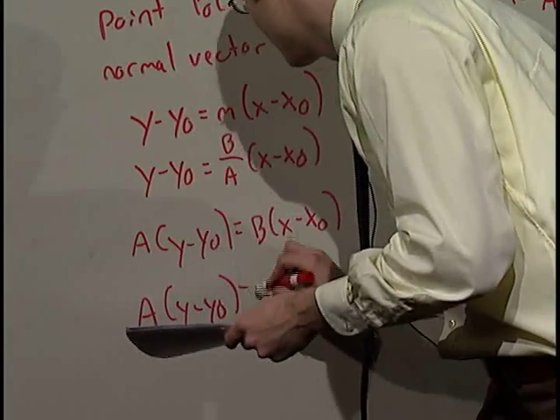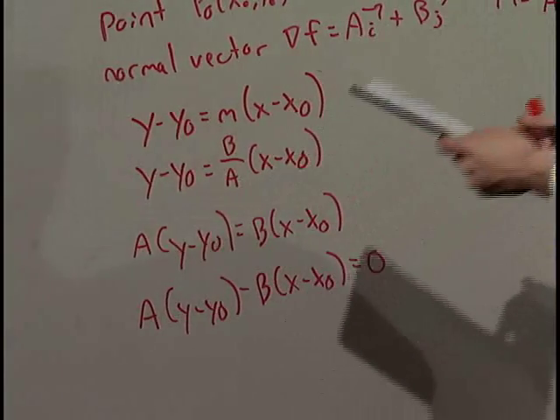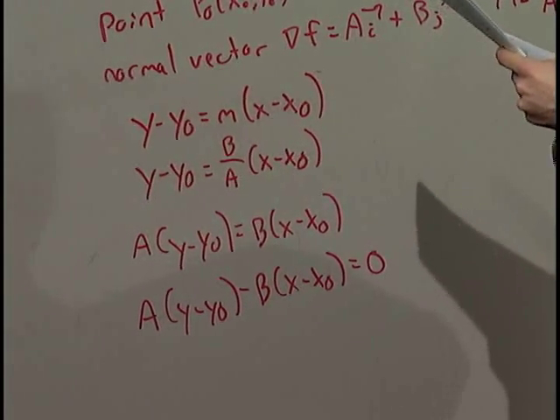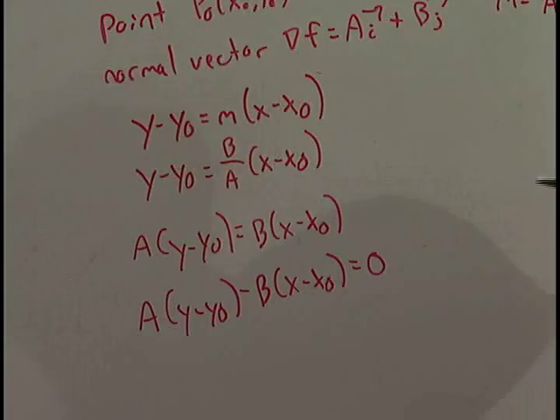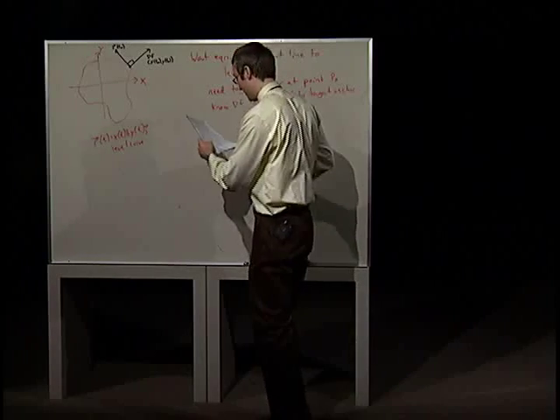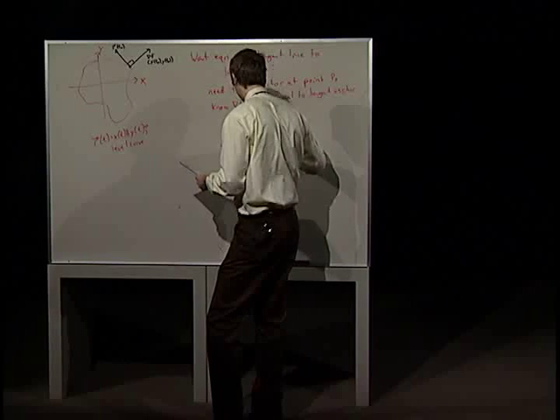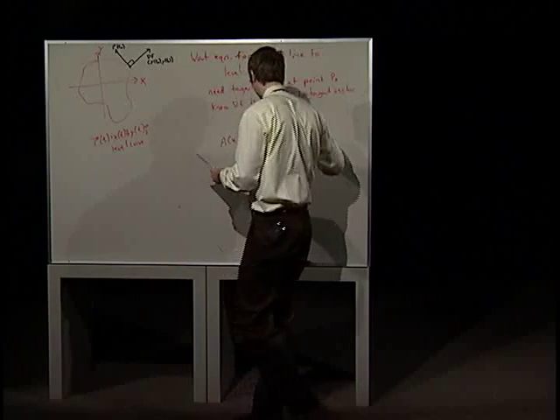So a times y minus y naught minus b times x minus x naught equals 0. Does it look right to me? Well, something may have gone wrong here, but okay. I have to go ahead and scrap that and add it to the notes later on, but I don't want to spend too much time on this. So your equation should actually look like that.